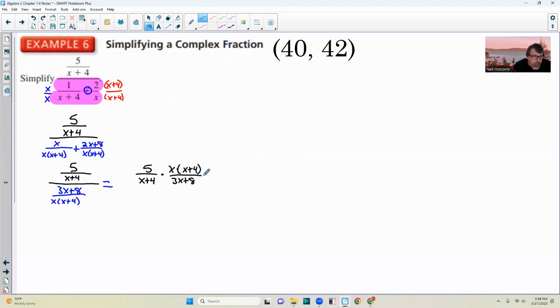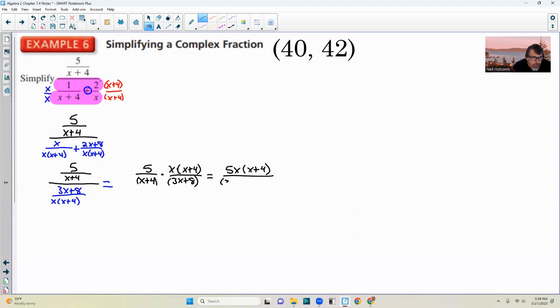Well, now it's going to be, let me just go across here. 5 times x is 5x times x plus 4 over 3x. Whoops, I have to multiply the bottom. What am I doing? Let me put parentheses around this and we'll factor it. Actually, no, I don't want to do that because look at these x plus 4.